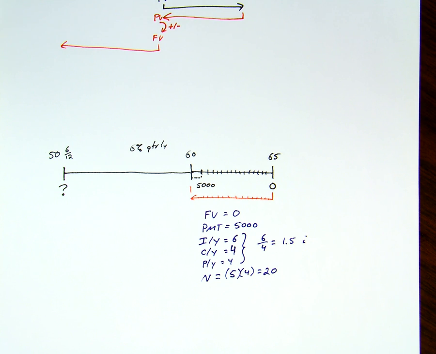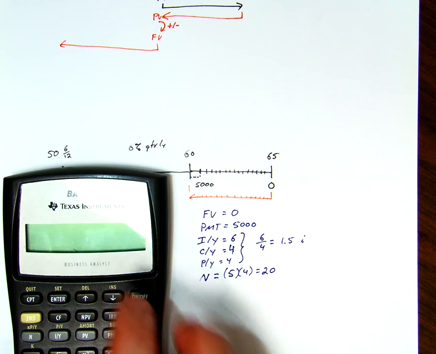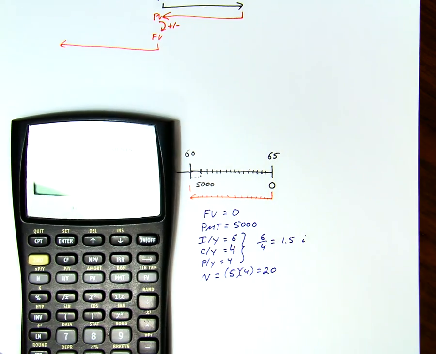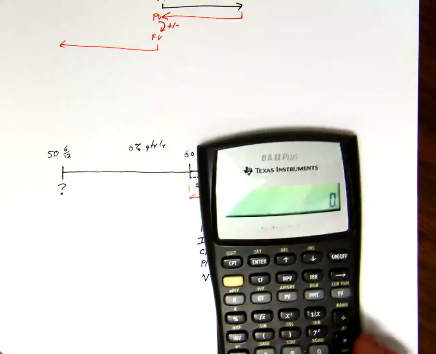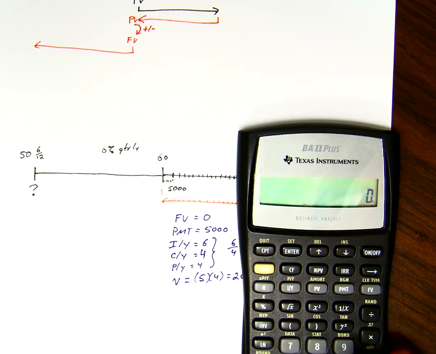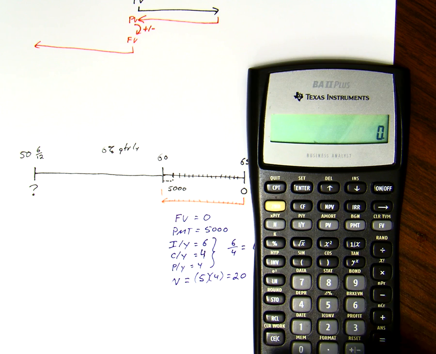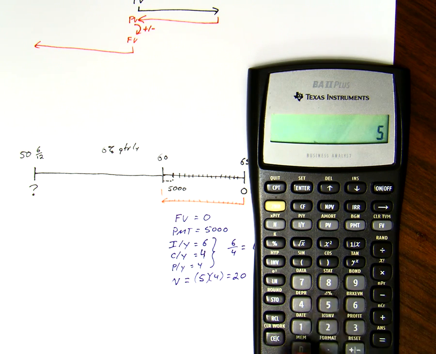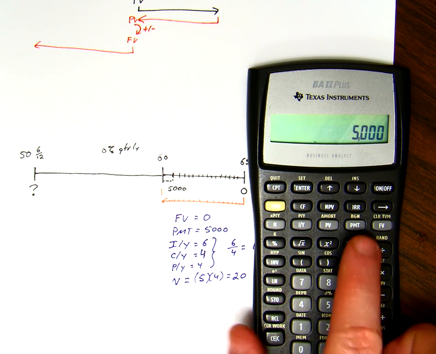If we take a look at our calculator, I'm going to say I have a future value of 0 as a future value. We have $5,000 as a payment.